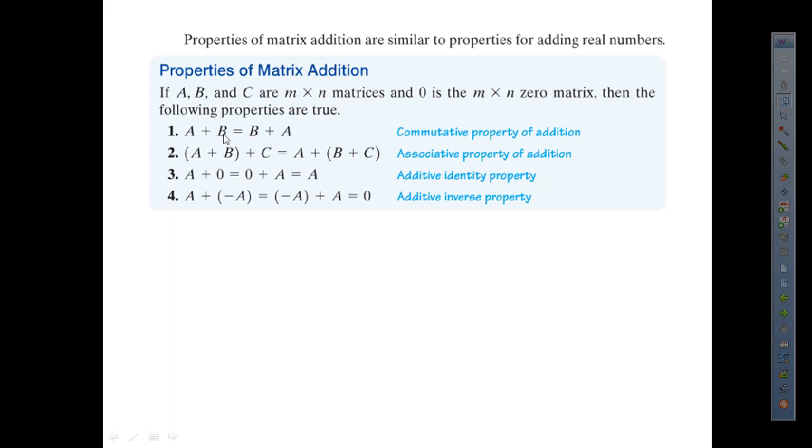Matrix A plus matrix B equals matrix B plus matrix A. That's the commutative property. It doesn't matter what way we add matrices, we're going to get the same thing. Same thing with the associative property, the additive identity property, and the additive inverse property, which is what we just talked about. So all these are properties that hold true for matrices.